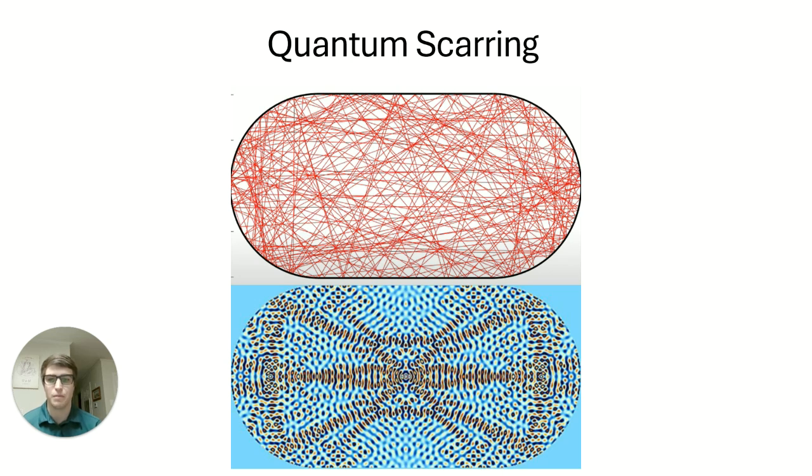If you take a golf ball or a tennis ball and you throw it around a room, it's just going to randomly bounce around, like you can see in red right here. But if you take a quantum wave, waves are used to explain quantum particle behavior.